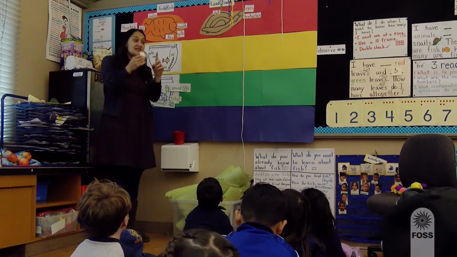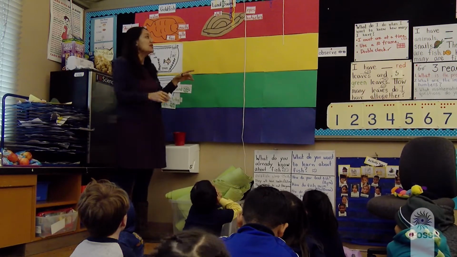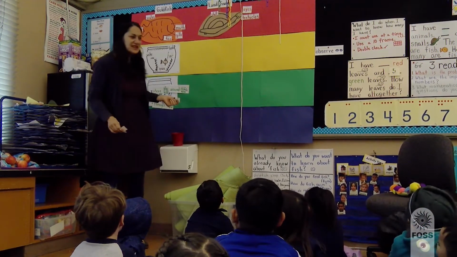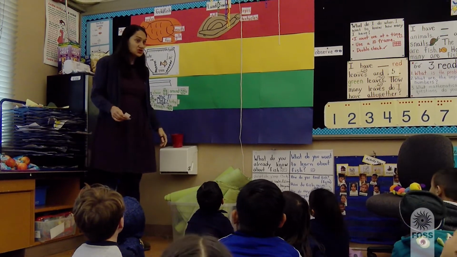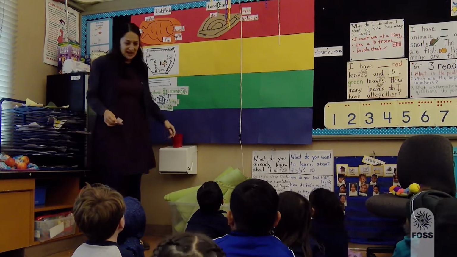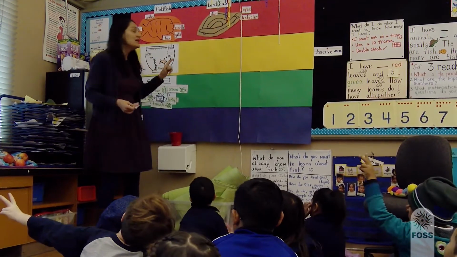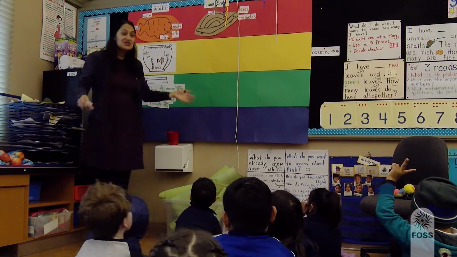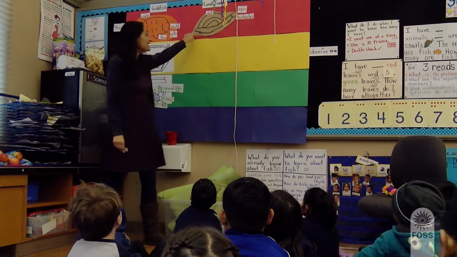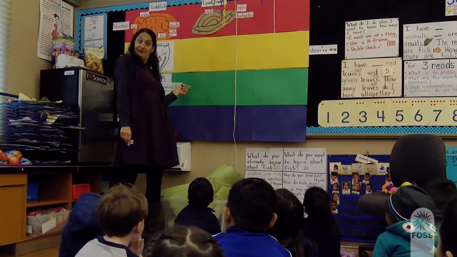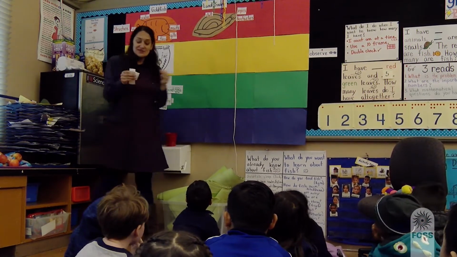And we're going to observe today why they have it. But this part is kind of funny because do you have feet? How many do you have? 2. Me too. But this snail just has 1, and it's most of their body. That's called the snail's foot.